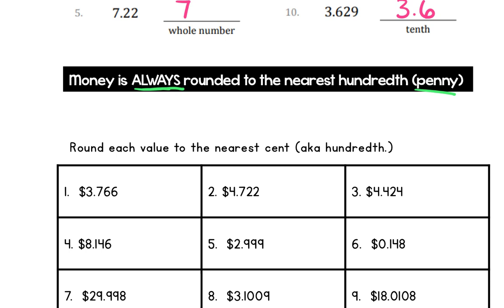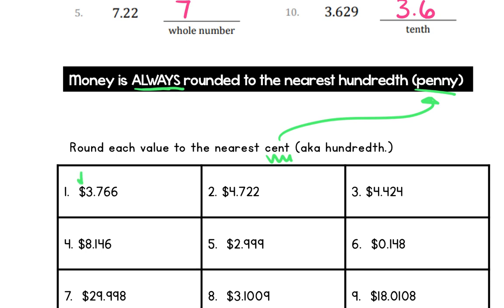So we are going to practice rounding each of these monetary values to the nearest cent, which is just the hundredth place. It could be cent, or you could use the word penny. You might see either. So for this example, number 1, it's 3.766.